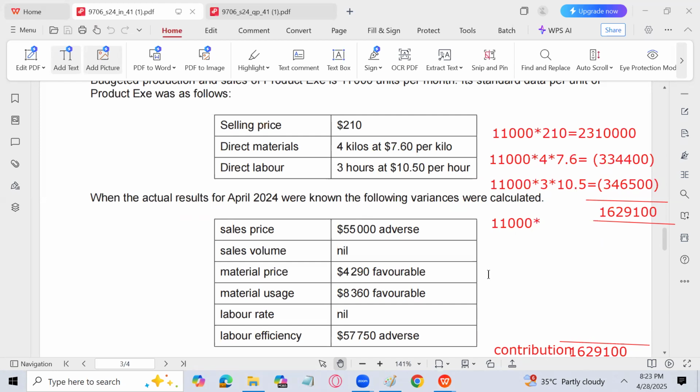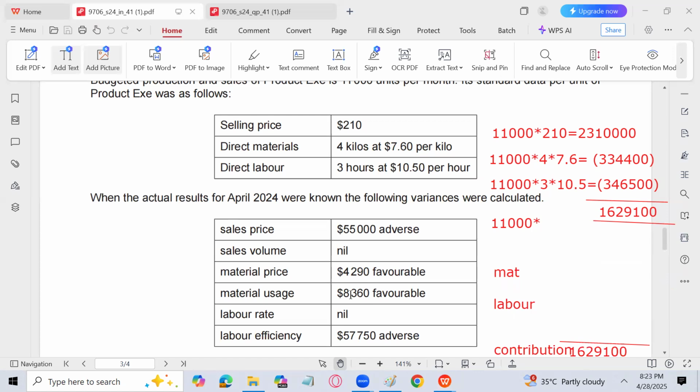So we know that contribution is basically the sales minus material and labor cost. We have to subtract material cost and we have to subtract the labor cost. The difference between actual material cost and standard material cost is not because of the volume.